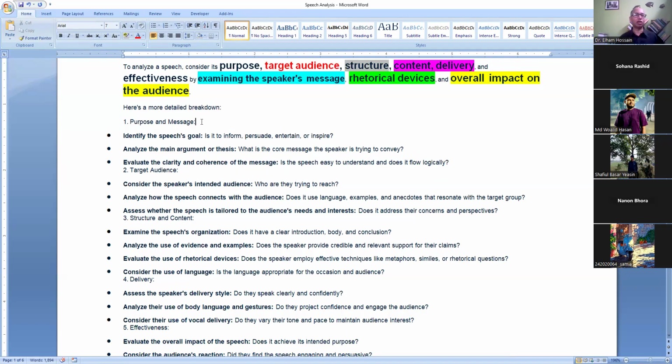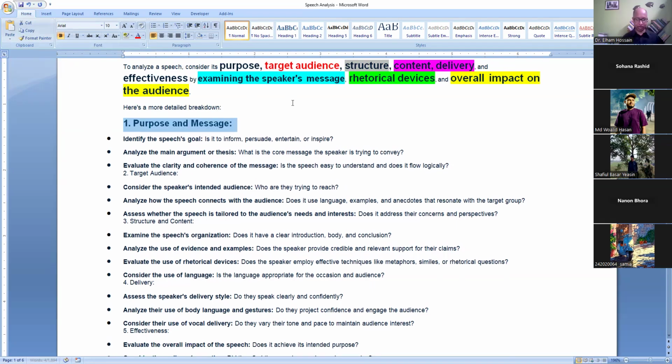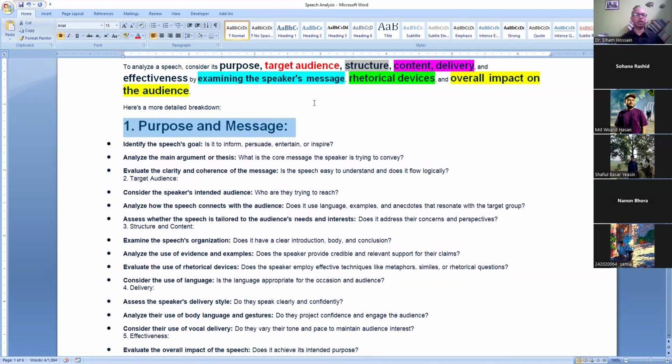Just think of the purpose. This is the first one. So while analyzing a speech, think of the purpose of the speech and the message. So what aspects should you consider while analyzing the purpose?